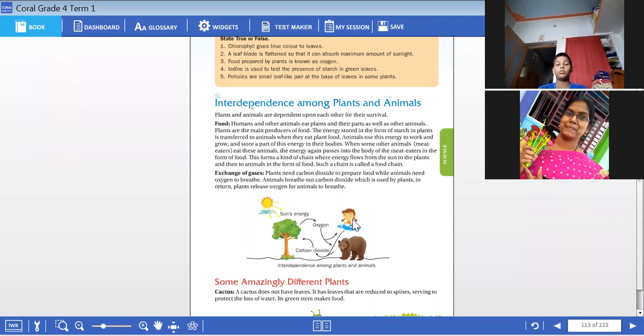So here, you can see a cyclic process between them, the inhalation and exhalation and the gases used by the plants and animals.